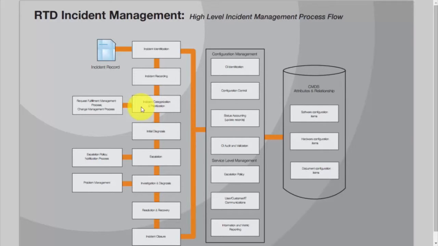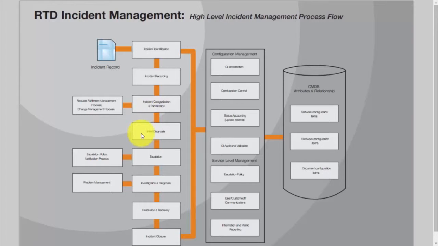And so we balance those two together, and the organization has set up response times and target resolution times for each of the levels of urgency and impact. That's part of that initial categorization and prioritization process.